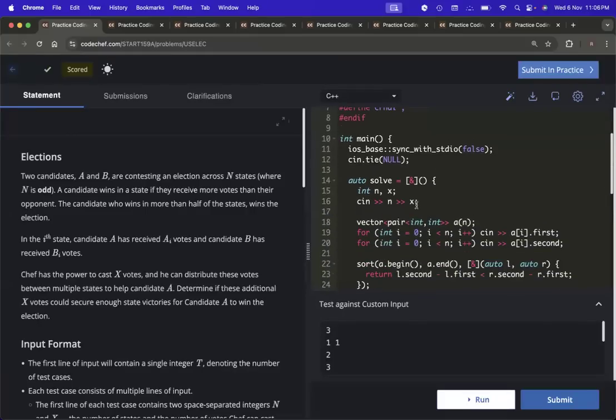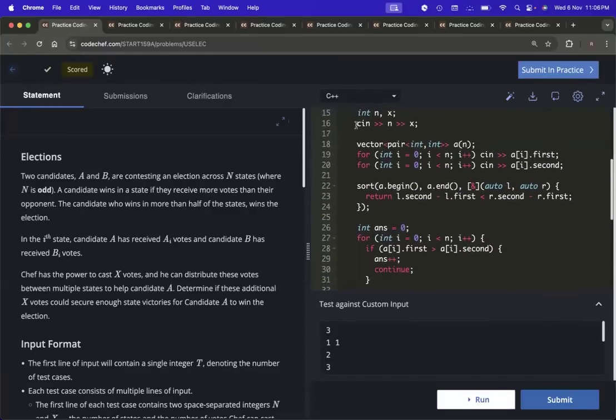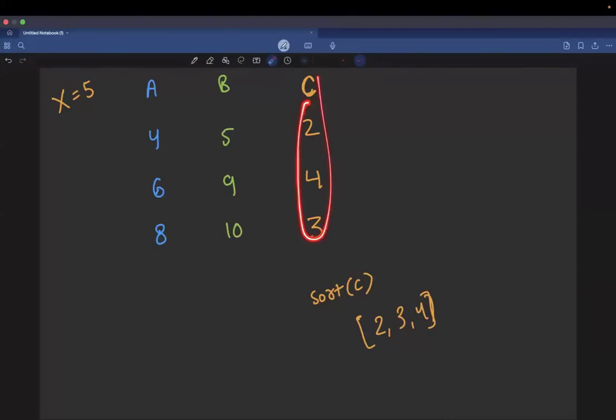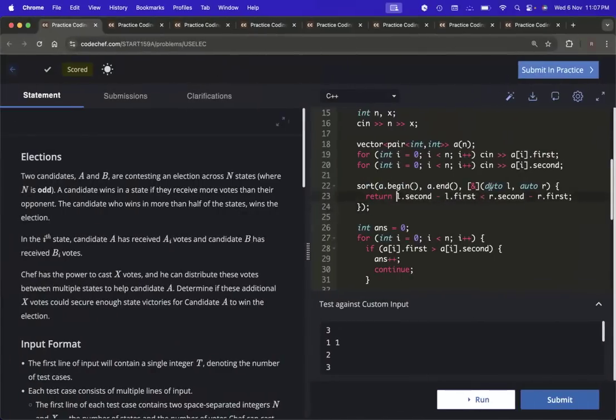So in my code, what I have done is, first of all, I took the inputs and I just sorted the array. Instead of creating a new array named C, where I put up this B minus A plus one thing, I just sorted the array on the basis of the second array value minus the first array value.